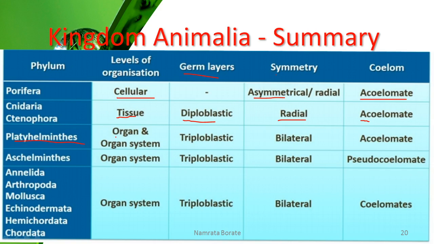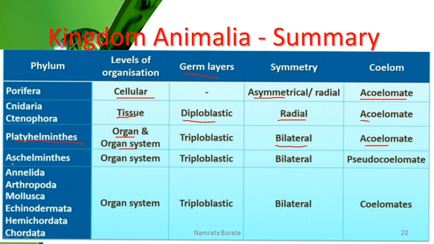There is a presence of an organ system. The animals are triploblastic, meaning there are three germ layers: ectoderm, mesoderm and endoderm. It shows bilateral symmetry, meaning two similar identical halves, and both sides contain similar body parts. And there is an absence of a body cavity, so it is acoelomate.